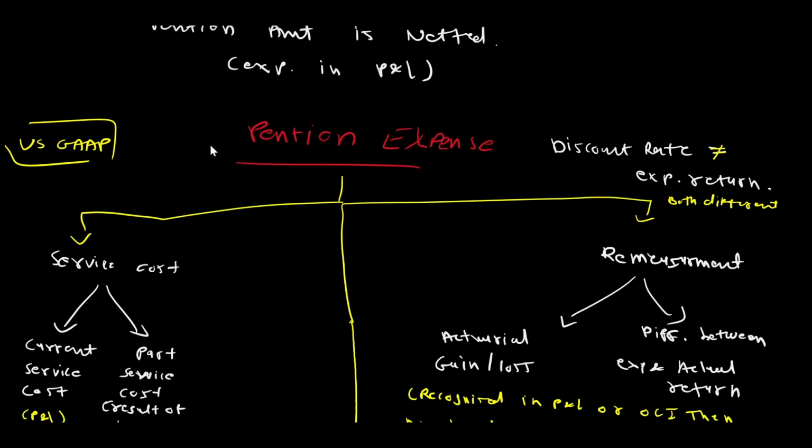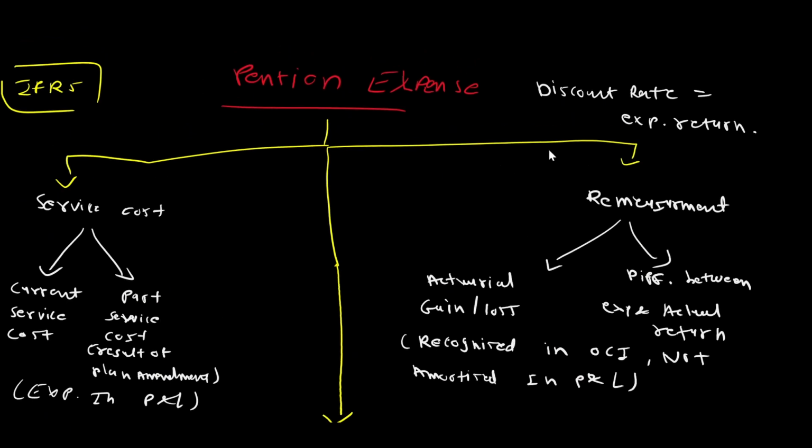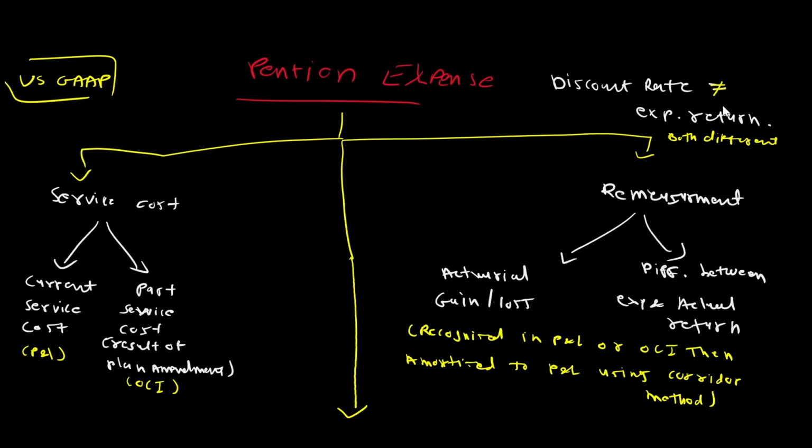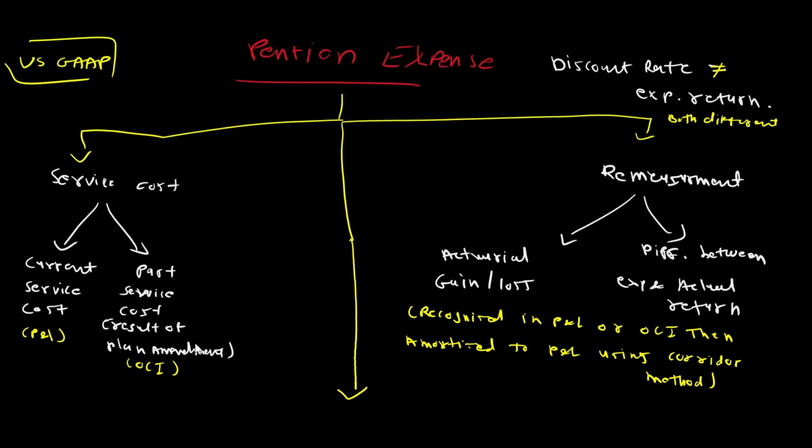In the US GAAP, discount rate is equal to expected return, and here under IFRS discount rate and expected return are different. In the US GAAP, service cost is shown in the P&L, but past service cost, any result of the amendment, would go in the OCI.